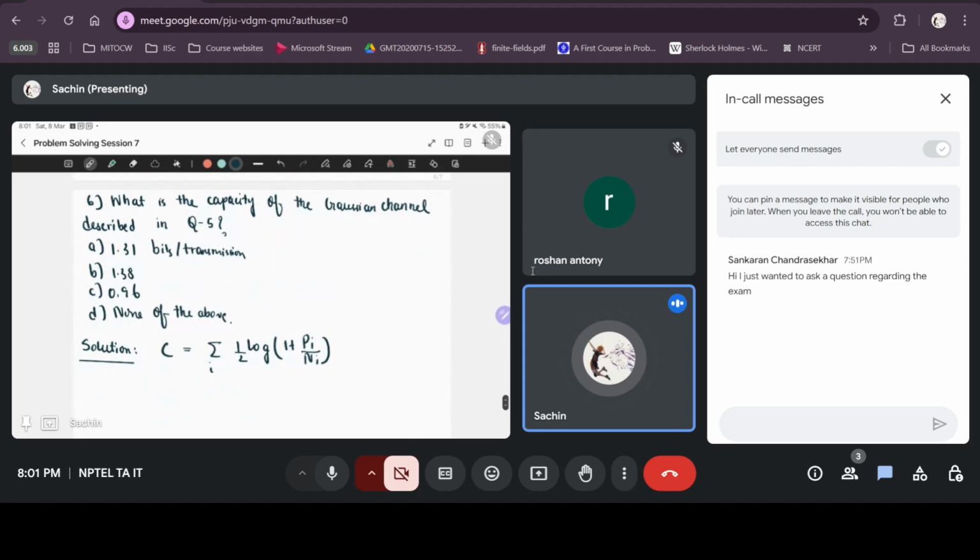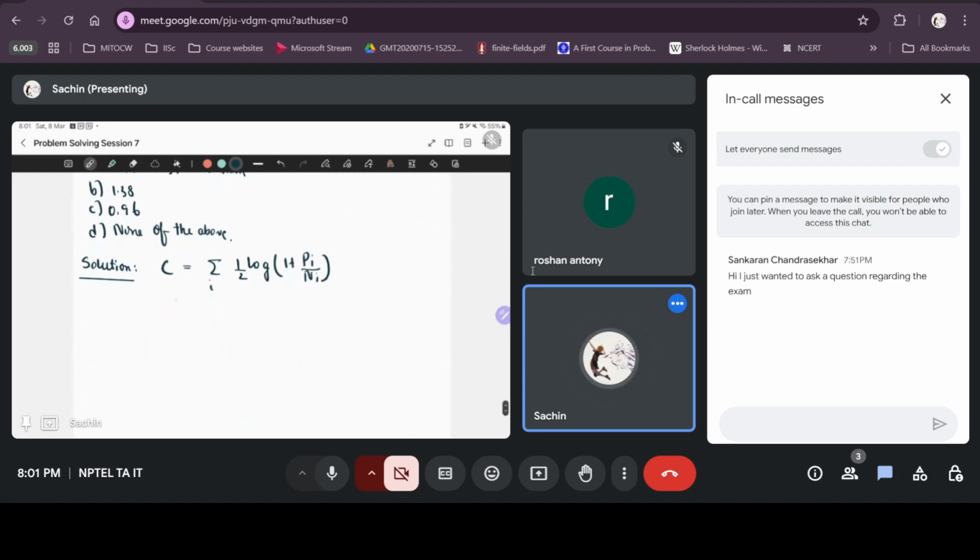Since we allocated zero power to the third channel in the previous question, P3 is zero, so half log of 1 plus 0 is half log 1, which is 0. There are only two terms here. First term is half log of 1 plus P1 over N1, second term is half log of 1 plus P2 over N2.